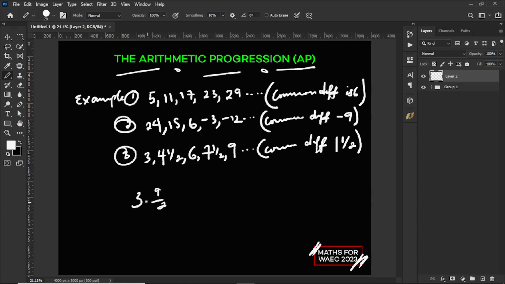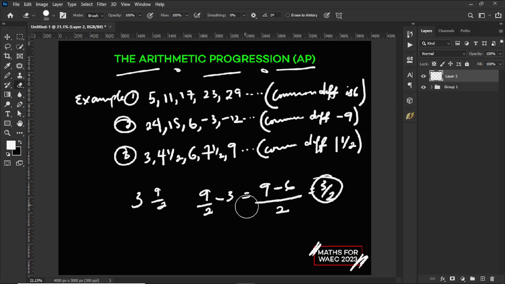So to get the common difference, I can say 9/2 minus 3, which gives 9 minus 6 over 2, and that will be 3/2, which is 1 and a half.